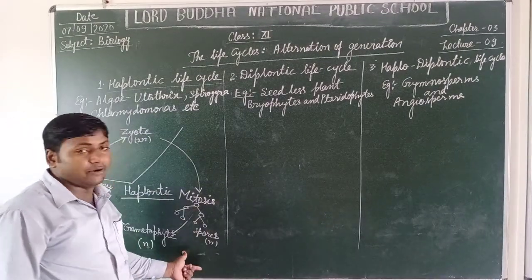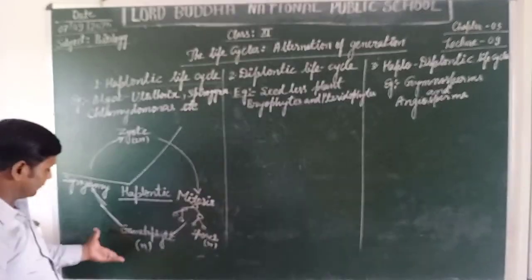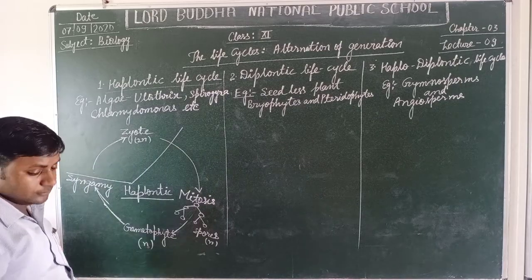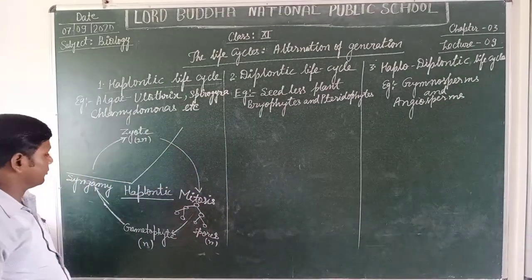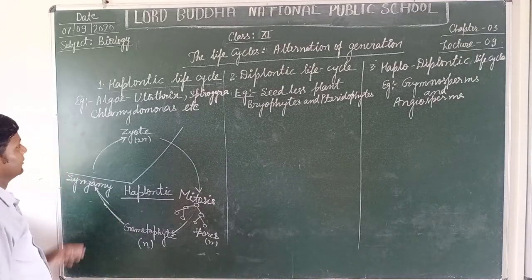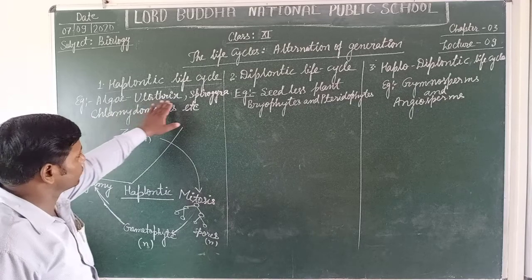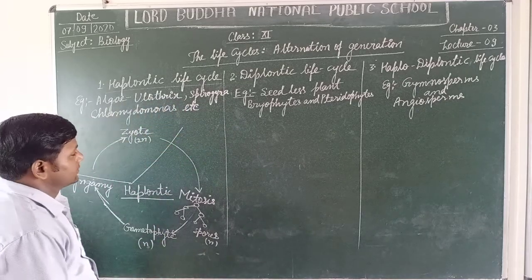Students, here the gametophyte is the main plant body. The gametophyte phase is dominant. In the haplontic type of life cycle, usually found in Ulothrix, Spirogyra and Chlamydomonas.